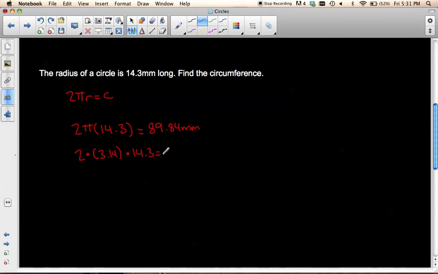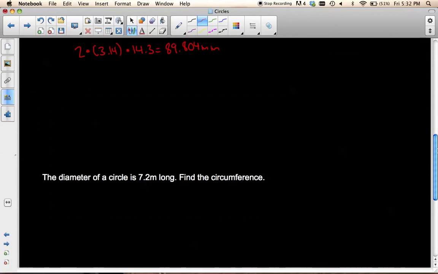We'll get 89.804. The difference is so small that you shouldn't let that worry you too much. If you don't have a pi button on your calculator, you can use 3.14. So that's how we'd figure it out if we had the radius.